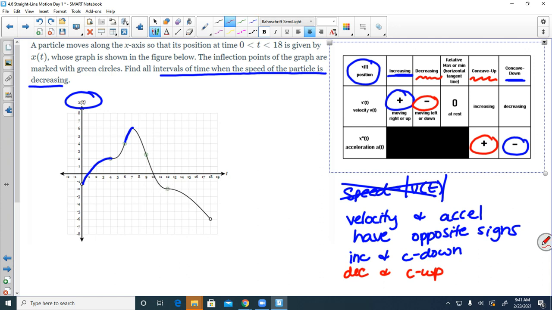Decreasing and concave up, that's one of the ones that I'm looking for. And then decreasing and concave down. So it looks like my 3 intervals are from 0 to 4, from 6 until 7, and then from 9 until 12.